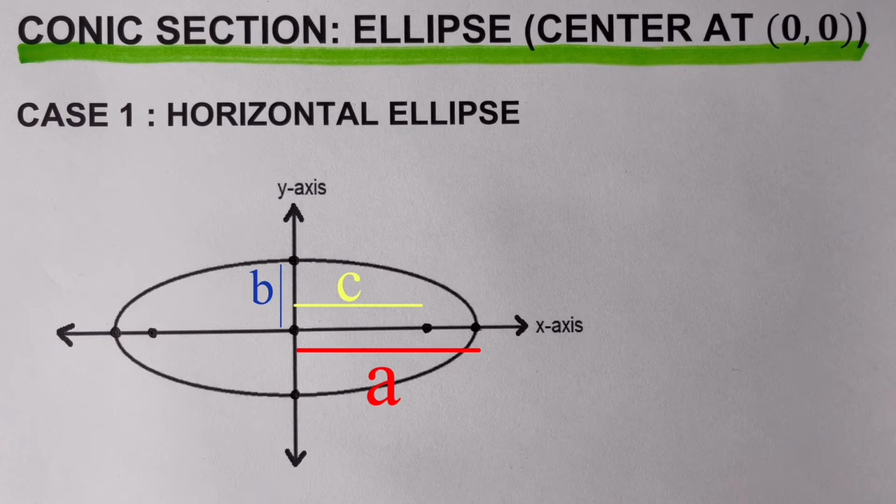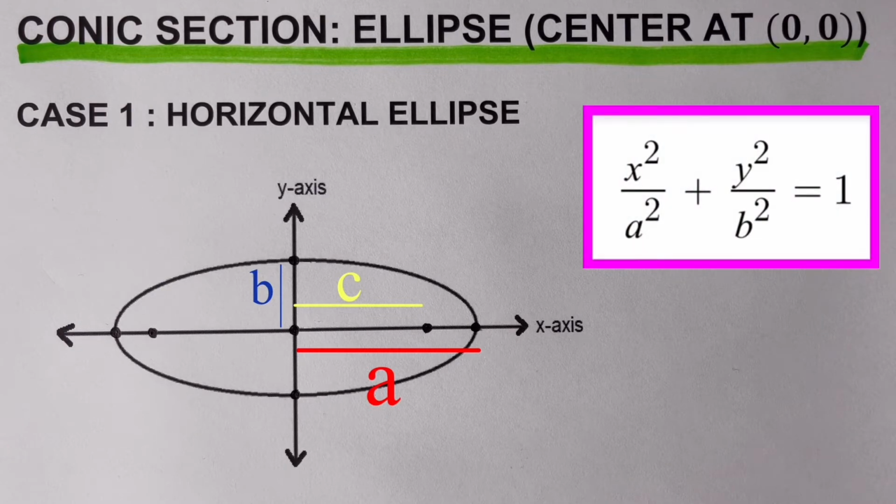Using these lengths a and b, we can derive the equation of a horizontal ellipse, and that is x squared over a squared plus y squared over b squared equals 1.